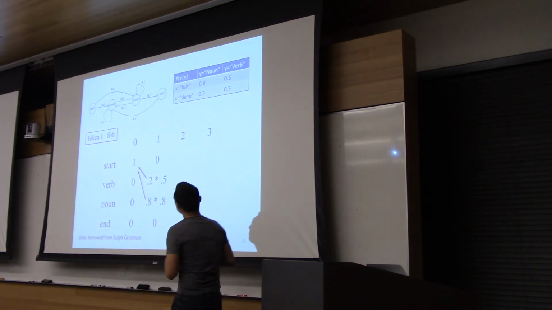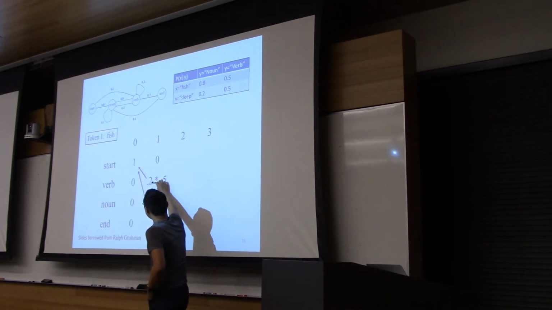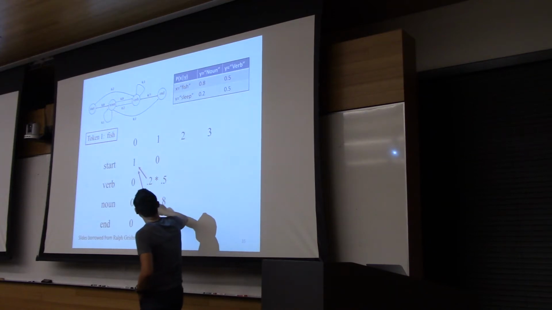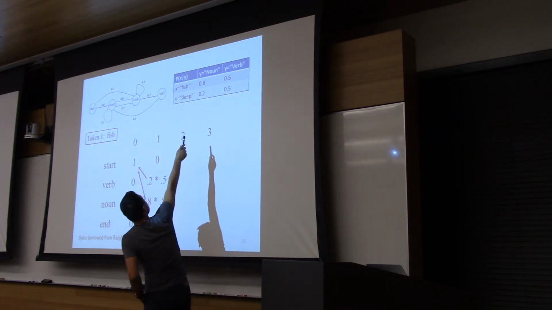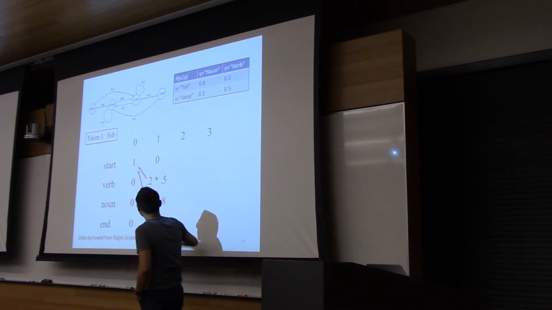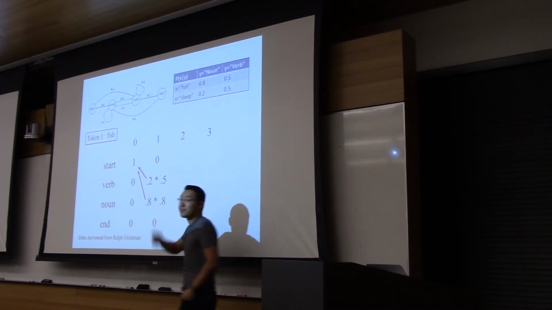So we compute the probability of going from the start state to verb, or from the start state to noun. And then from that, we compute the observation likelihood: given that we're in verb, what's the probability of observing fish? Given that we're in noun, what's the probability of observing fish? So this is the base case.